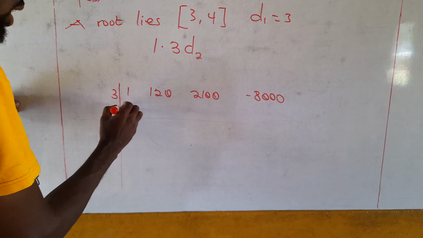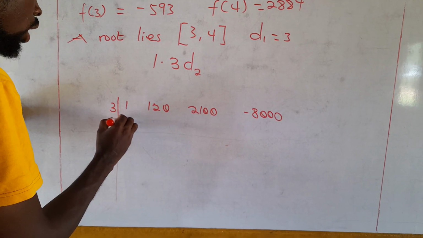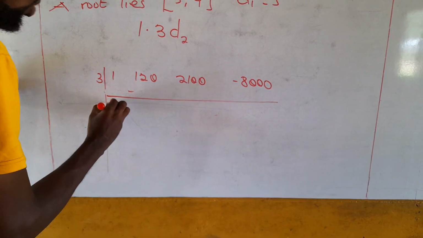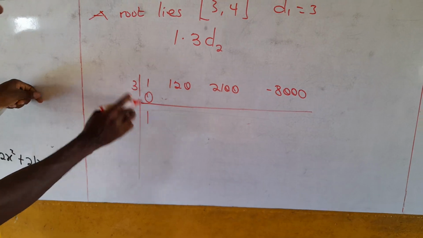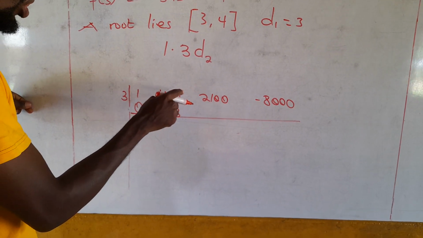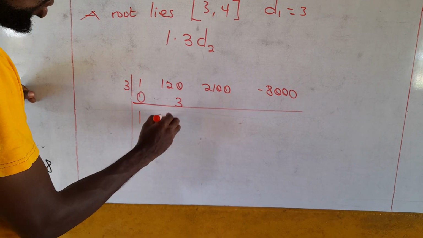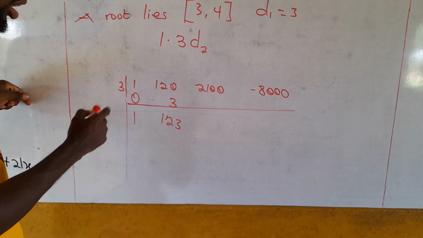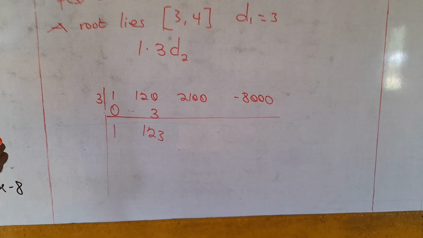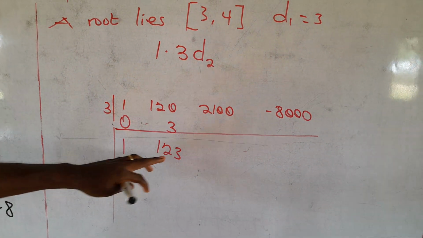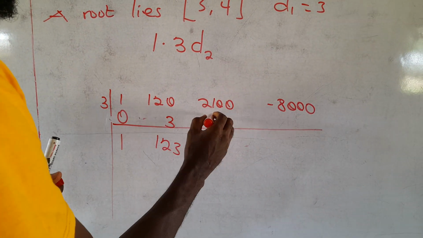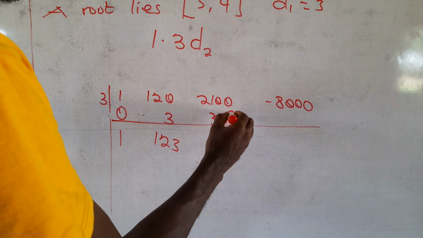So 1 plus nothing, so that will be 1. We write our 0 there. 3 times this one will give us 3. 120 plus 3 will be 123. Then 3 times 123 will give us 369.